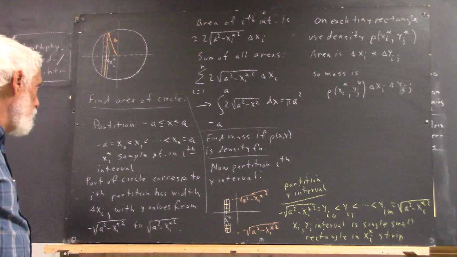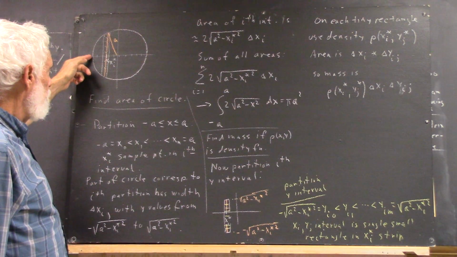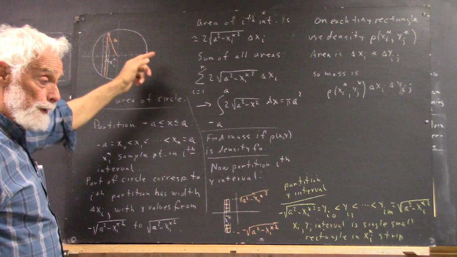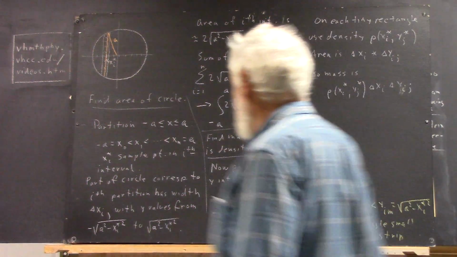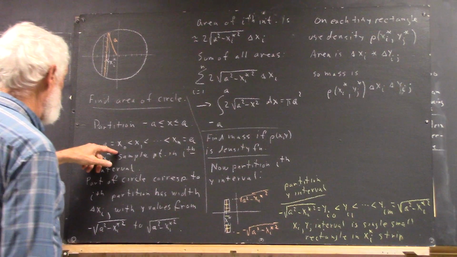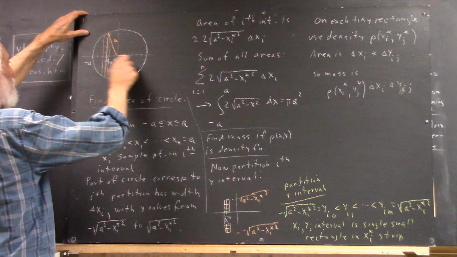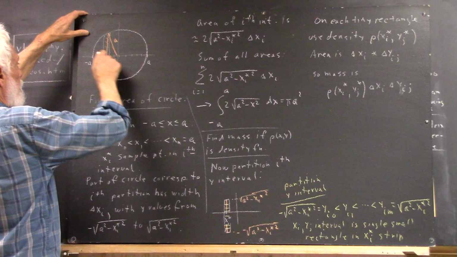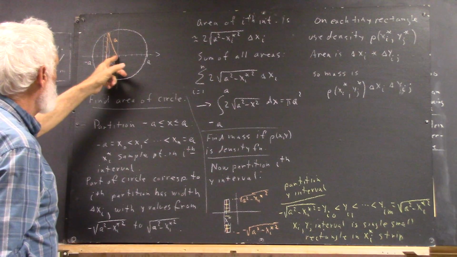Okay? Well, we start by partitioning the interval from x equals -a to a. And our partition is just going to be this. Let's remind ourselves that we have -a here on the axis and a here on the axis. There's an x interval from -a to a. We break it up into subintervals.